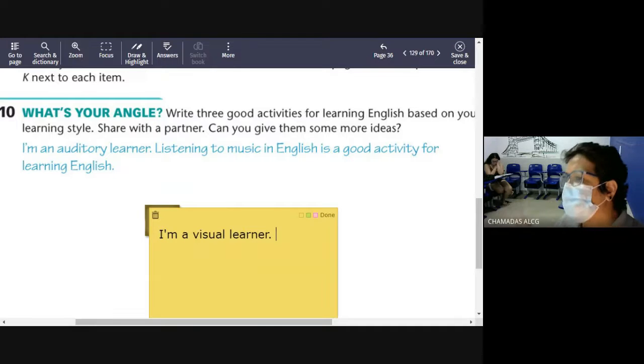So visual and auditory as well. So let's make a sentence on visual, okay? So I'm a visual learner. Then let's start the other sentence with a gerund. So watching videos. Let's put it this way.